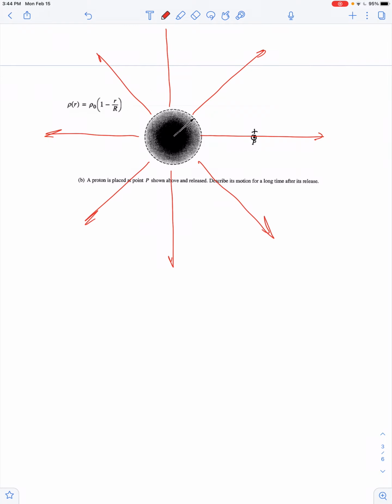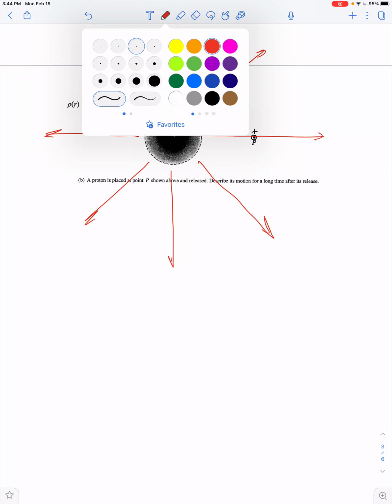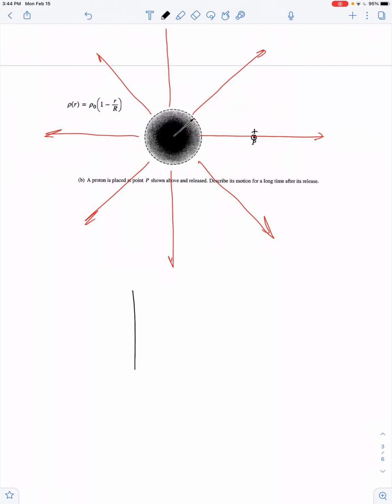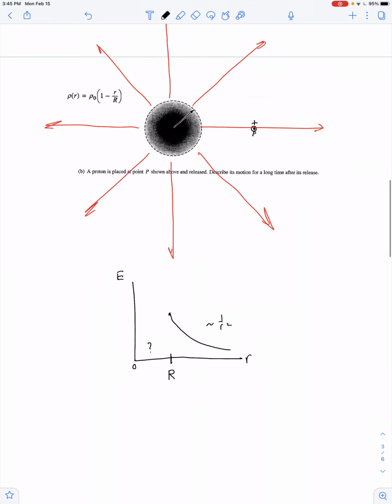Let's make a graph of the electric field versus distance. We're not sure what it's going to be from the origin up to the surface, but we know from the surface onward, electric field is proportional to 1 over r squared.